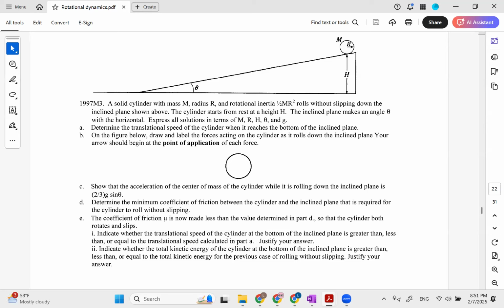Indicate whether the translational speed of the cylinder at the bottom of the inclined plane is greater than, less than, or equal to the translational speed calculated in part A. Justify your answer. Indicate whether the total kinetic energy of the cylinder at the bottom of the inclined plane is greater than, less than, or equal to the total kinetic energy for the previous case of rolling without slipping. Justify your answer.